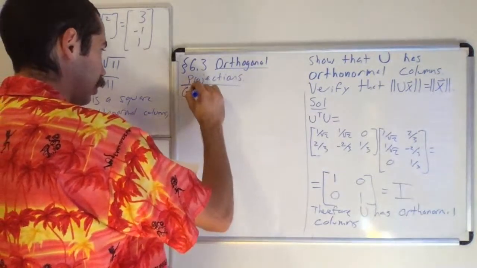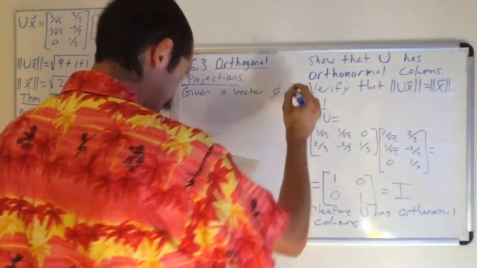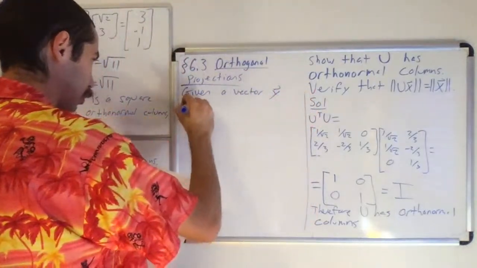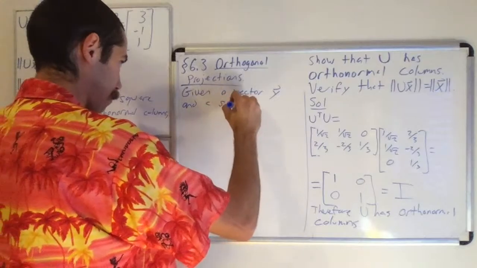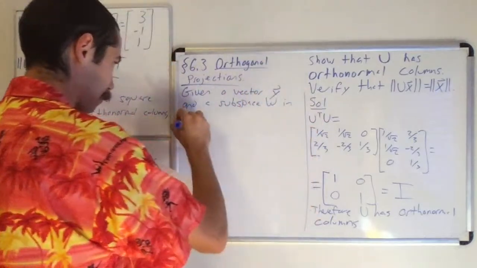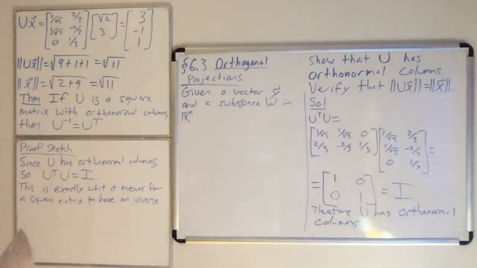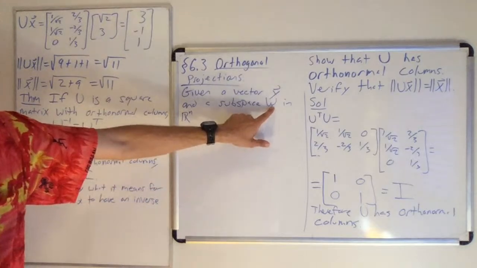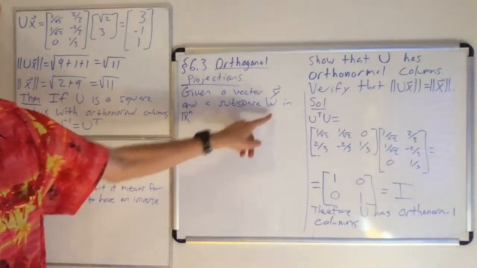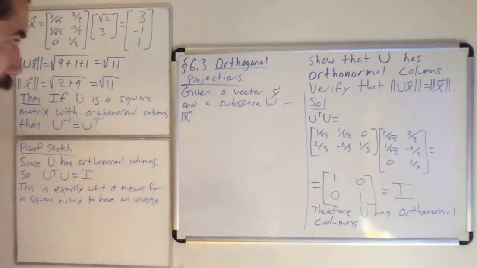So given a vector y and a subspace W in Rn. Last section we used L for a line. Here we're going to have a whole subspace, so it could be a plane, or a higher dimensional plane.